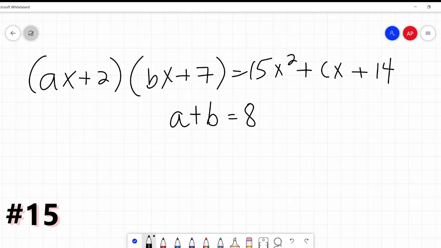What are the two possible values for c? There's two possible values. They are counting on you knowing about FOIL and what happens when you multiply things with FOIL. FOIL is another way of saying how we distribute two binomials.